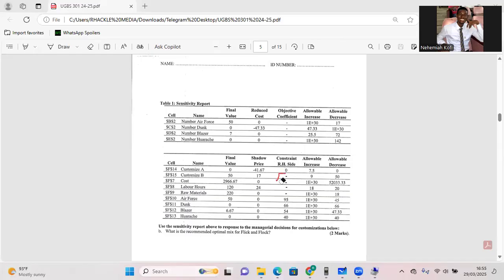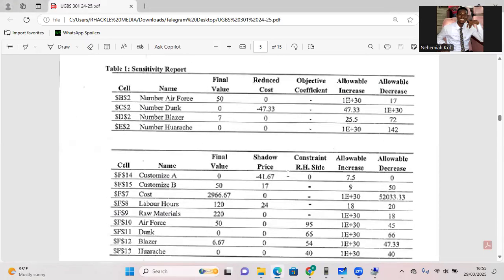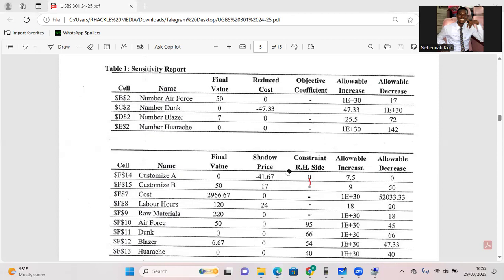We have 50 here. The screen has started messing up.